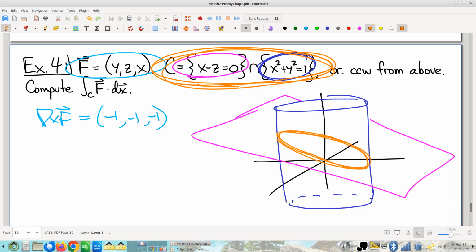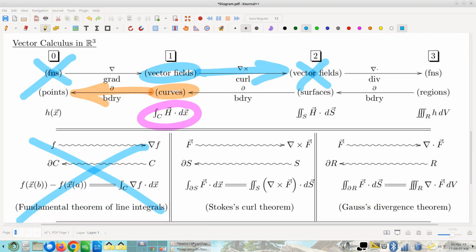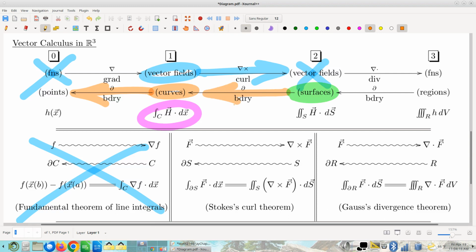So again, closed curve. Again, that means there's a new surface. Right? So we have found now a new surface whose boundary is our original curve. So Stokes' theorem is on the table.